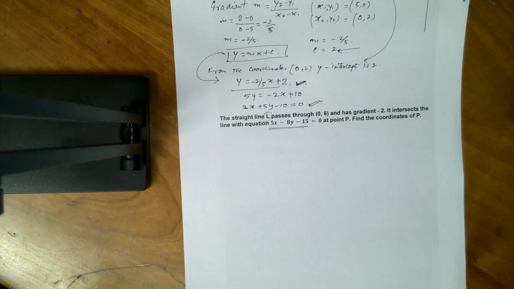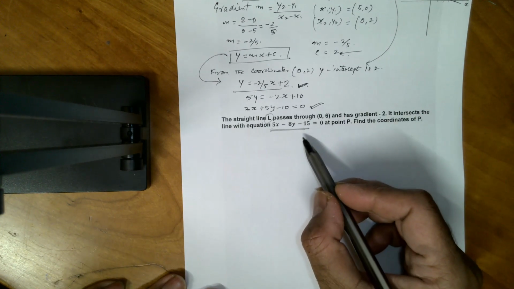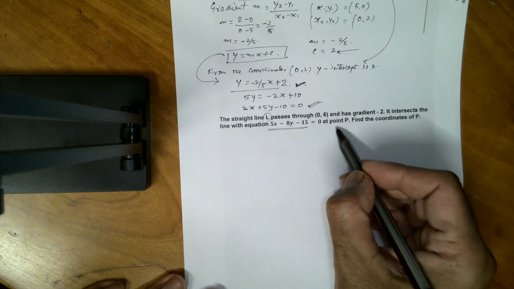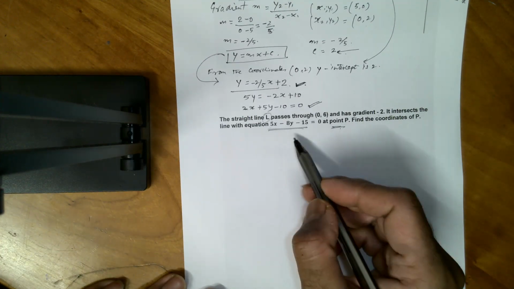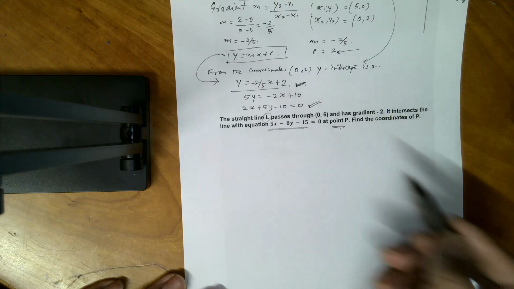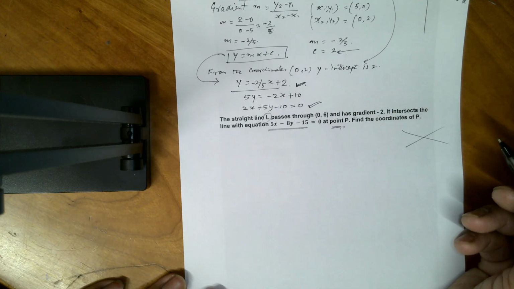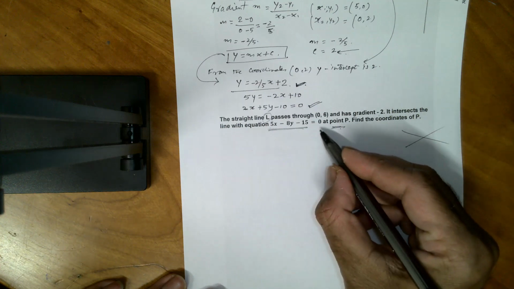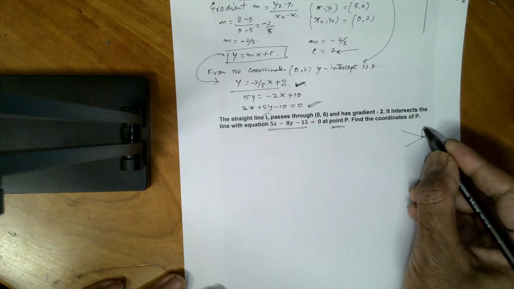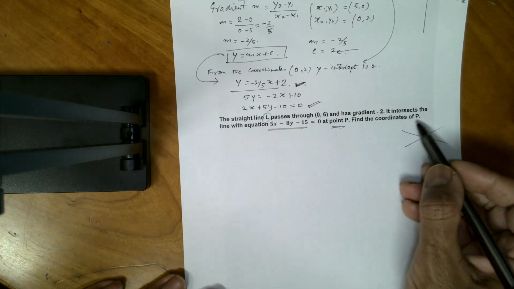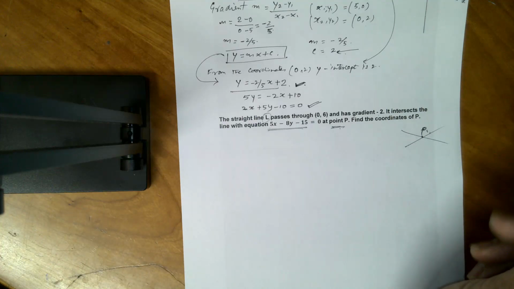It says they cross at point P. So in other words, you have two lines, some kind of line here, crossing, something like this. Think of that. It intersects at the point P, and that's where they say find the coordinates of the point P. So think that way. This is what they're asking.